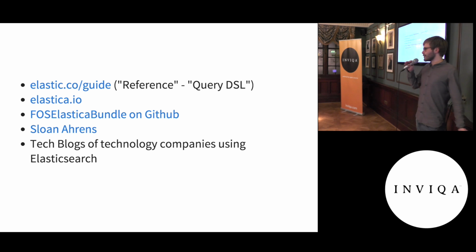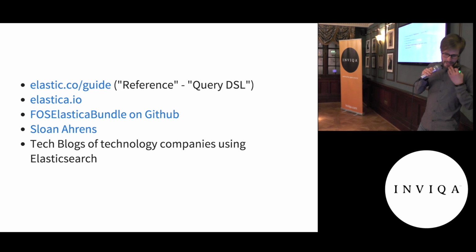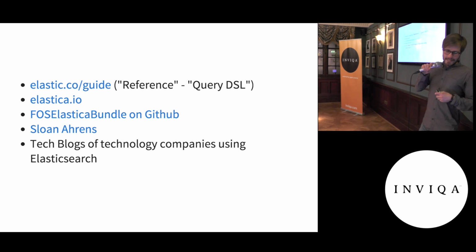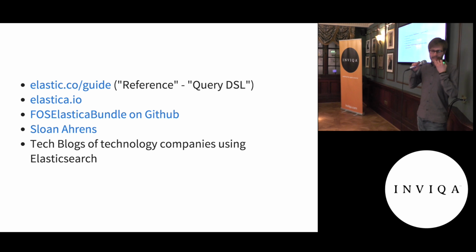Yeah, just don't use the definitive guide. You will be more confused than it will help you. The Elastica reference is quite nice, even though very sparse. There's about 10 pages on there, so you can go on there, but it won't last you long. And then lastly, FOSElastica Bundle has okay documentation on GitHub, also a bit outdated.